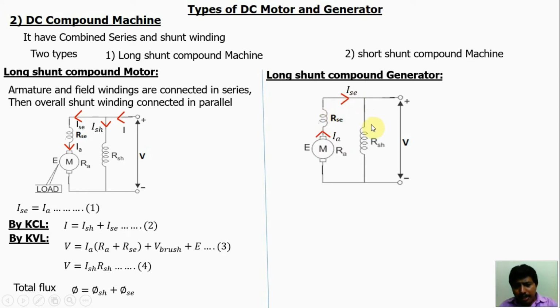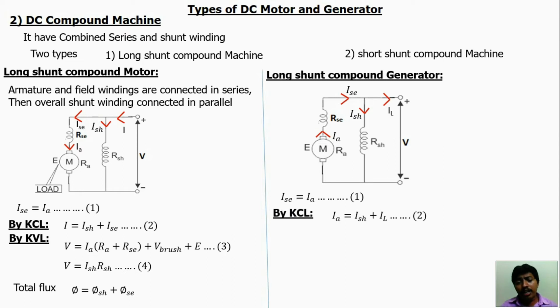The current will be divided into two parts, ISH and load current IL. So IA equals ISE, as the armature and series windings are in series. Then apply Kirchhoff's current law. Here incoming current is ISE or IA, both are same. Outgoing currents are ISH and IL, so ISH plus IL, shunt current plus load current.